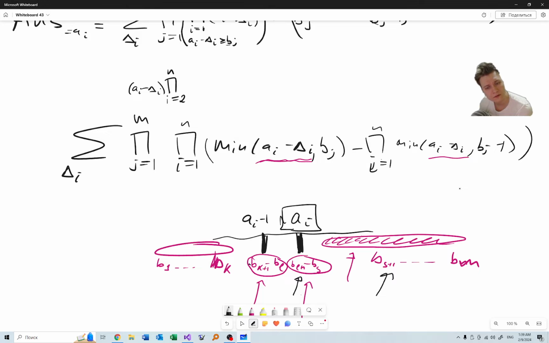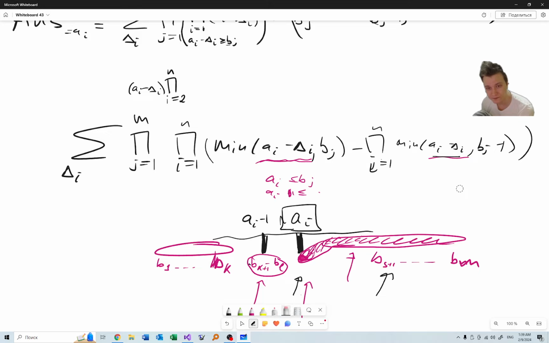Is it true? Maybe it's not true. We don't need to discriminate between these two, because even if some bj is equal to ai, it's still true that ai is at most this bj and ai minus 1 is at most this bj.